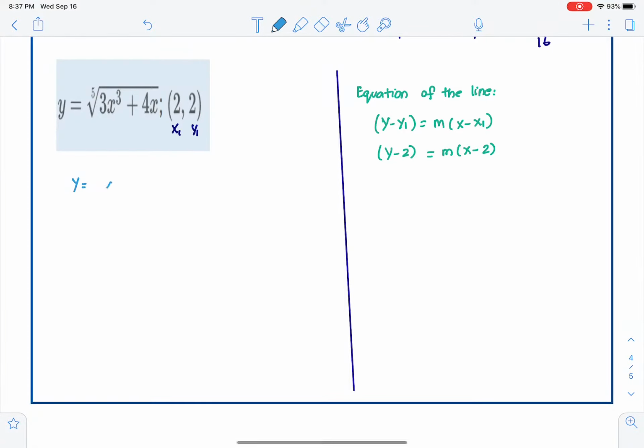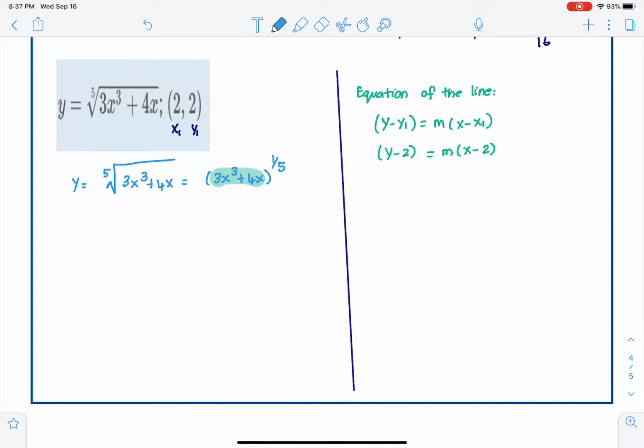So y is equal to the 5th root of 3x cubed plus 4x, which is 3x cubed plus 4x raised to 1 over 5. Inside the parentheses, we have 3x cubed plus 4x, and not just x. If it were x, we can find the derivative directly.